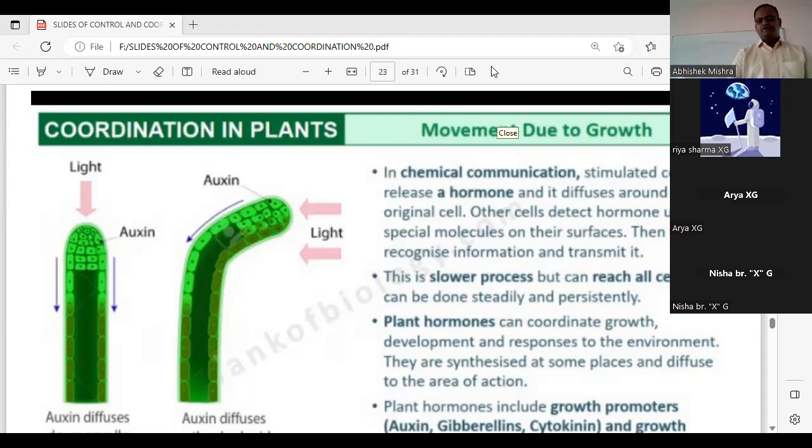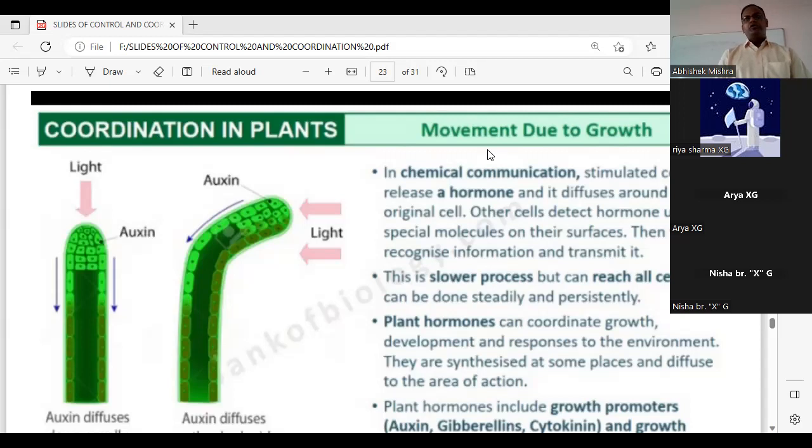This is just a few word answer. Why is the hormone called a growth promoter? Because it helps in growth, that is cell elongation, cell enlargement, cell division, cell differentiation, fruit growth. Yes, all of you have answered.